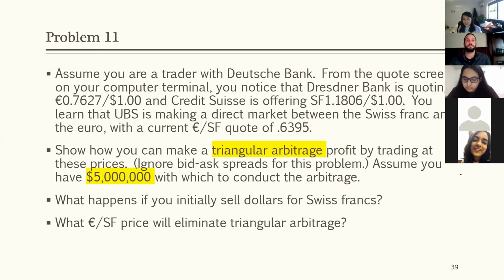So here they are trading the euro, the dollar, and the Swiss franc. Suppose, based on the information that you have from the screen, you want to do a triangular arbitrage. Show how you can do that with 5 million USD.